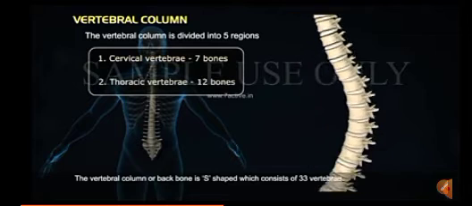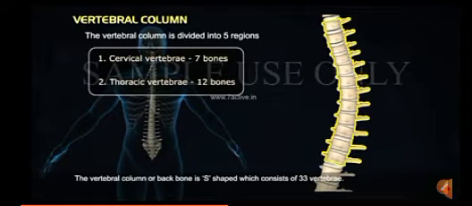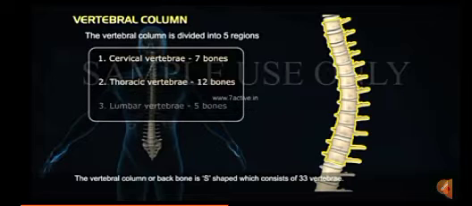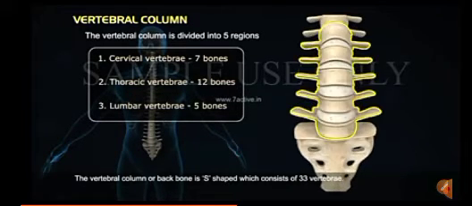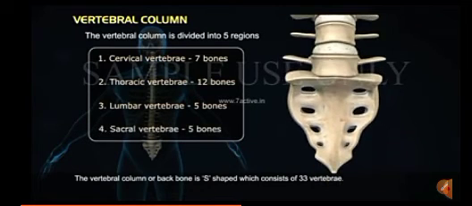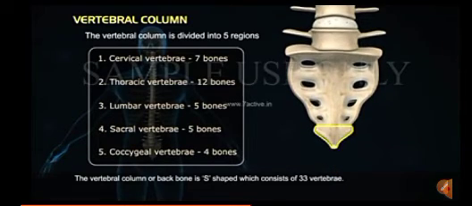The second is thoracic vertebrae, consisting of 12 bones. The third is lumbar vertebrae, consisting of 5 bones. The fourth is sacral vertebrae, consisting of 5 bones. The fifth is coccygeal vertebrae, which consists of 4 bones.